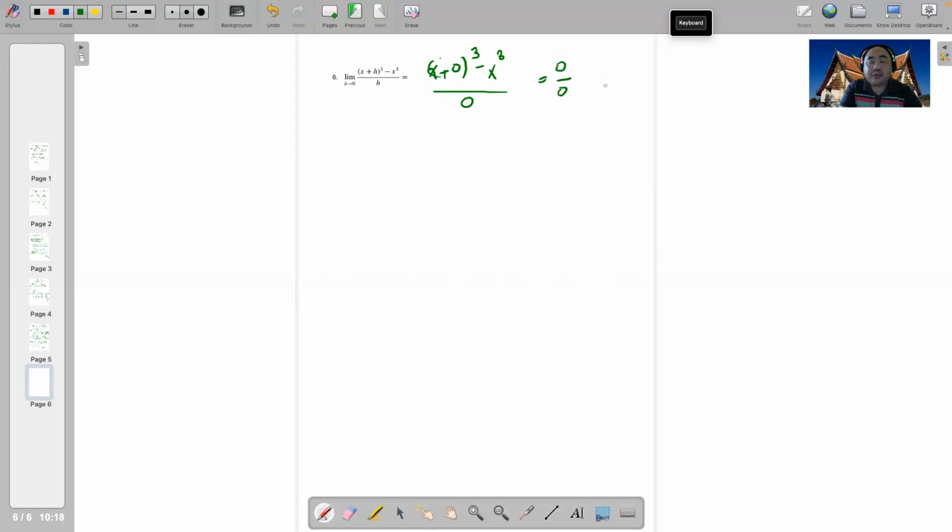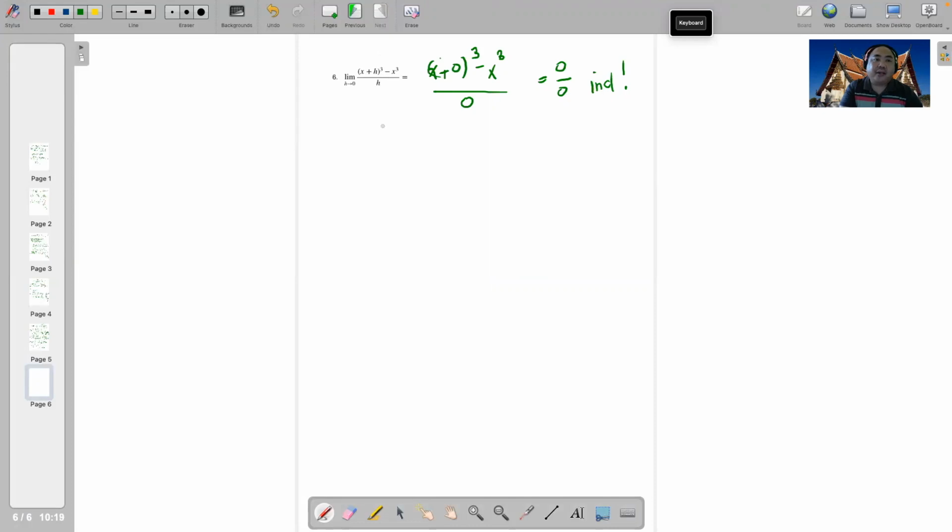And something we don't like, unfortunately, it is indeterminate again. So what do we do? We find a suitable replacement to this original function.